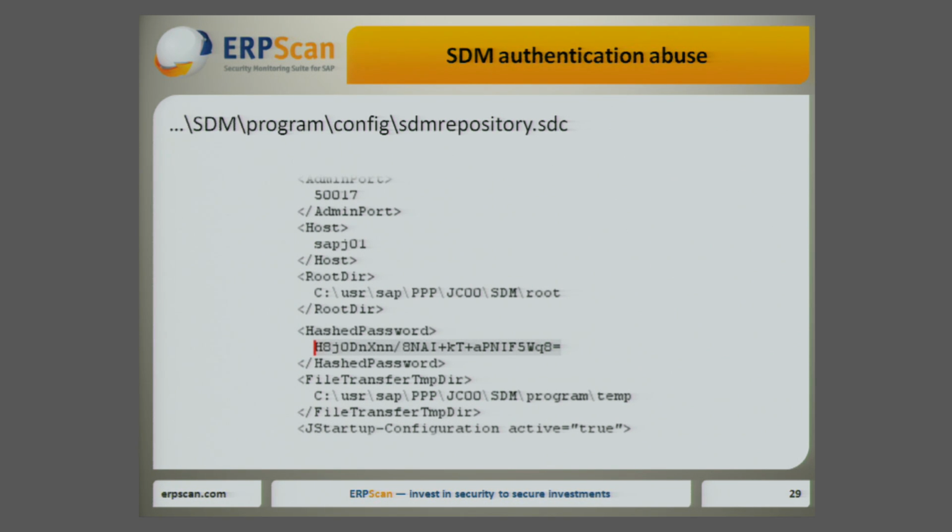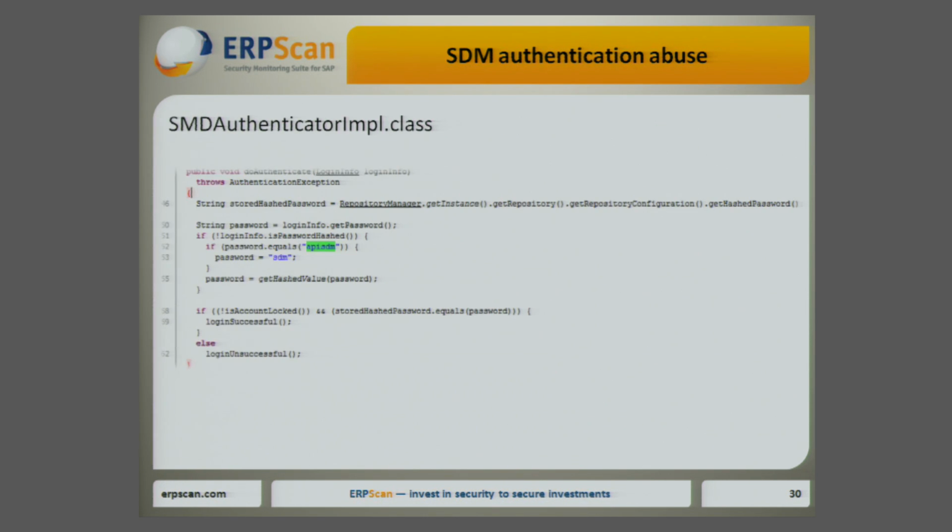It could be some injection, an XML external entity vulnerability, a server-side request forgery attack, or web tampering. But also, a possibly easier way to compromise SAP SDM is a default password in some cases. It is API SDM or SDM.